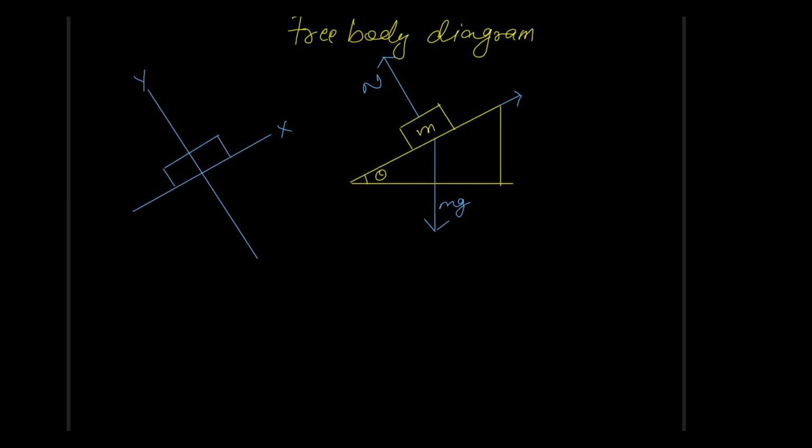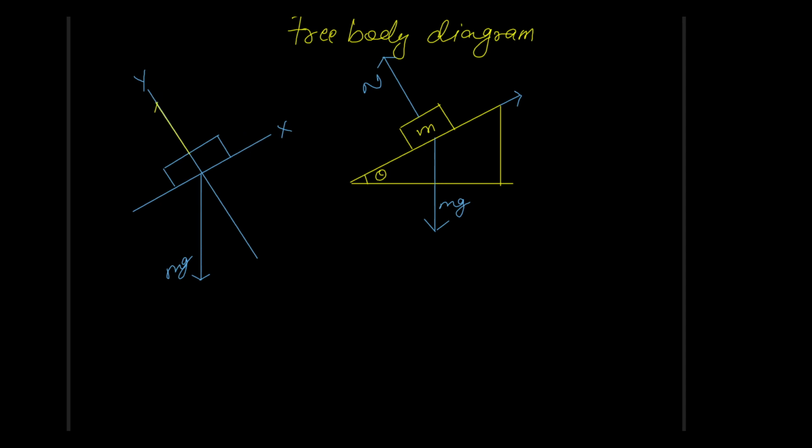So what we have considered is a force which is always going to act downwards, that is your gravitational force mg. In this case the normal force will be in the direction of the y-axis itself because it is perpendicular to the surface.